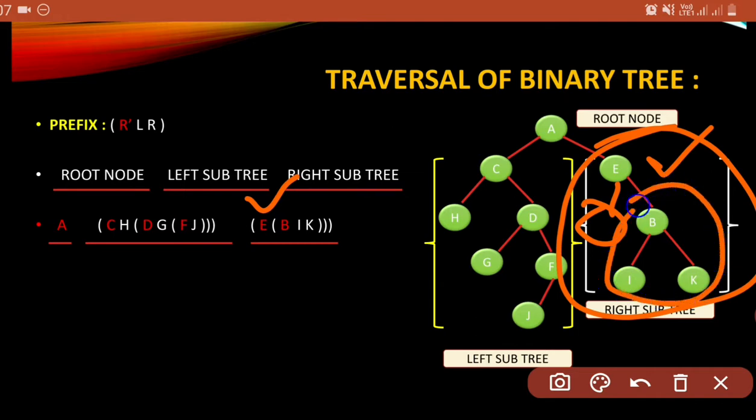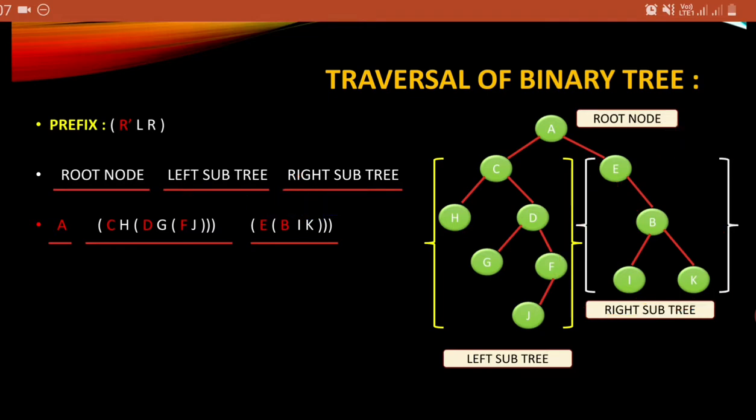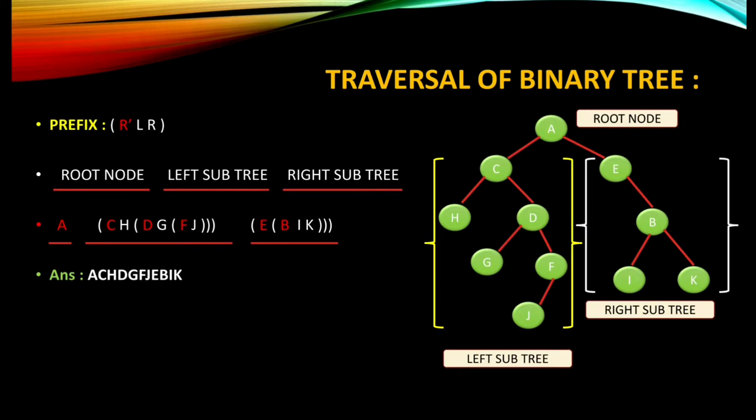Then we are having the right part. In the right again we are having a tree. That's why B is root node. Then left, then right. In this way we are having our prefix order for tree traversal. Now combinedly you have to write the answer.